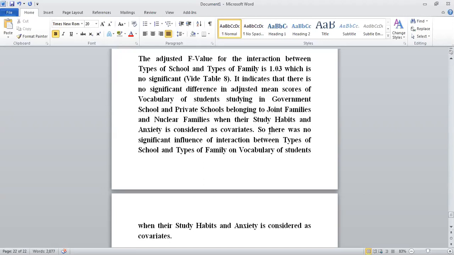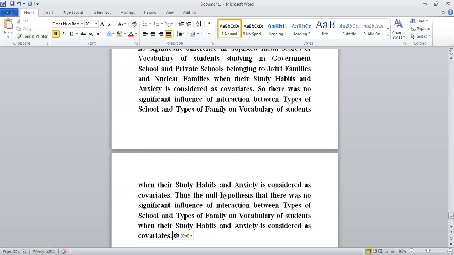Thus, the null hypothesis, now I am copying and I will use it. Thus, the null hypothesis that there is no significant influence of interaction between the types of school and types of family on vocabulary of students when their study habits and anxiety is considered as covariate is not rejected.